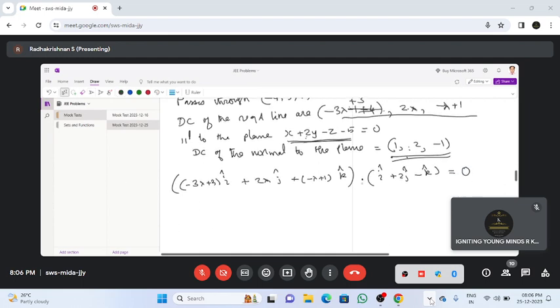What is the dot product? 1 into this, so minus 3 lambda plus 3. 2 into 2 lambda. Minus 1 into minus lambda plus 1.